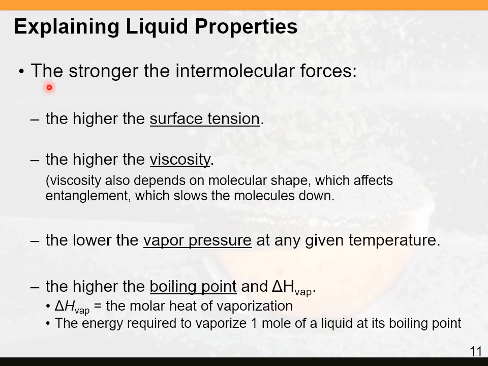Stronger intermolecular forces also mean lower vapor pressure, which corresponds to a higher boiling point. The strength of the intermolecular forces also affect enthalpy of vaporization. Enthalpy of vaporization is the energy required to vaporize 1 mole of liquid at its boiling point. We are going to discuss this term later on.